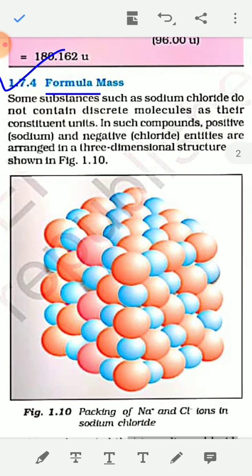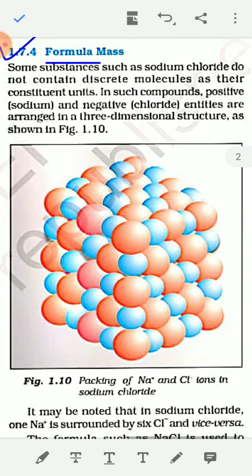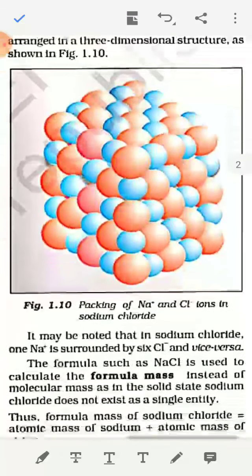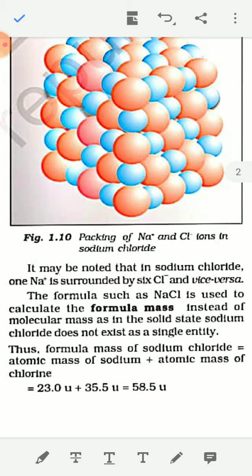In such compounds, positively charged particles, that is sodium Na+, and negatively charged particles, that is Cl-, in the case of NaCl, are arranged in a three-dimensional structure, and their discrete molecule does not exist. That's why for ionic compounds, instead of molecular mass, the term formula mass is used.